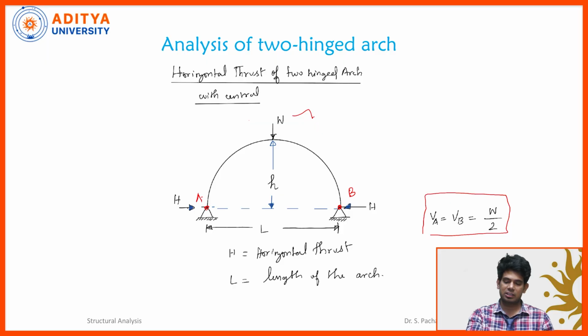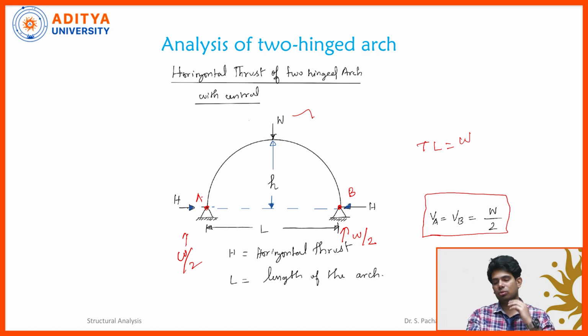The vertical reaction at support A and at support B is W by 2. The total load is capital W, and since two supports are there, dividing by 2 gives the reaction force W by 2 at each support.